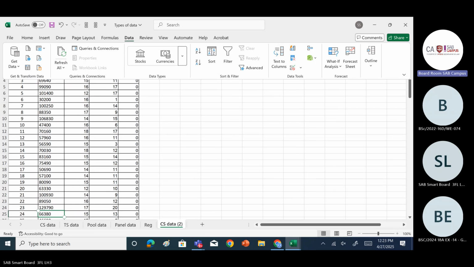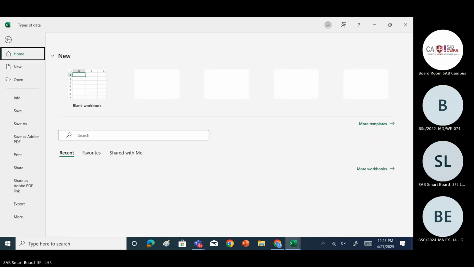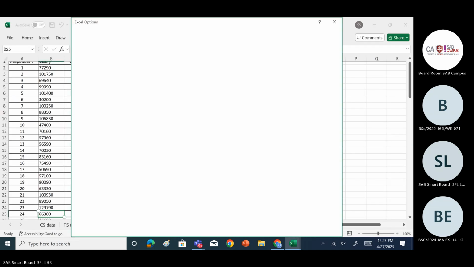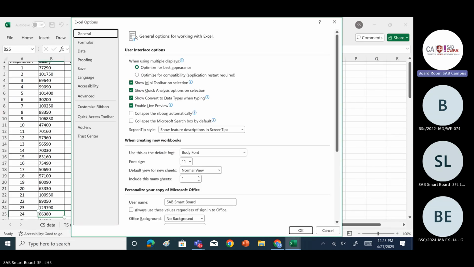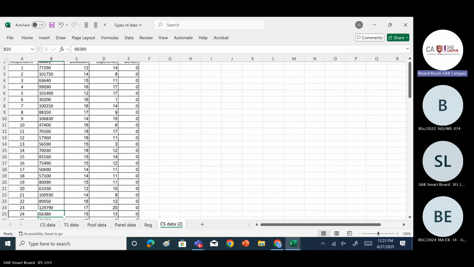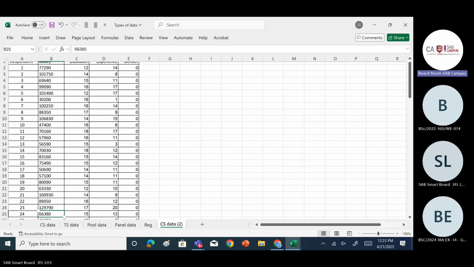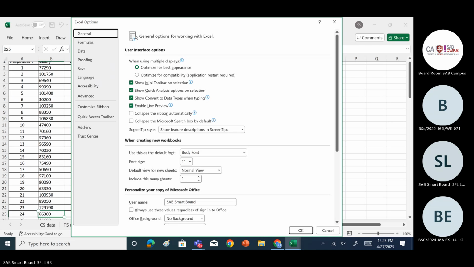Here, there should be an Analysis ToolPak tab, right? It's not there, so you need to include it. If you are using laptops, it doesn't include the Analysis ToolPak. You have to go to File, More, Options, Add-ins.